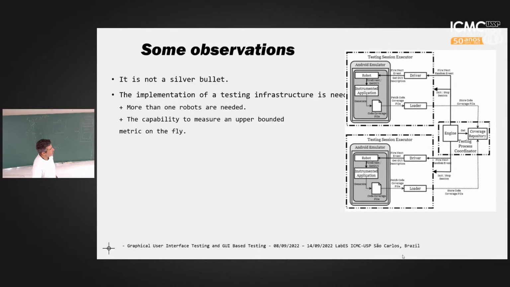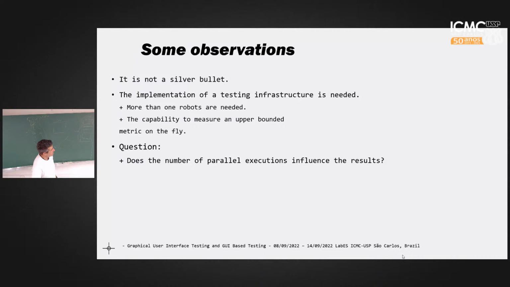Okay, you need to implement more. Question. From your point of view, does the number of parallel executions influence the results? As an example, if only me and Stevao explore the ecological park, and we explore the ecological park by using this approach, and we have some result, okay, we cover some part of the ecological park.